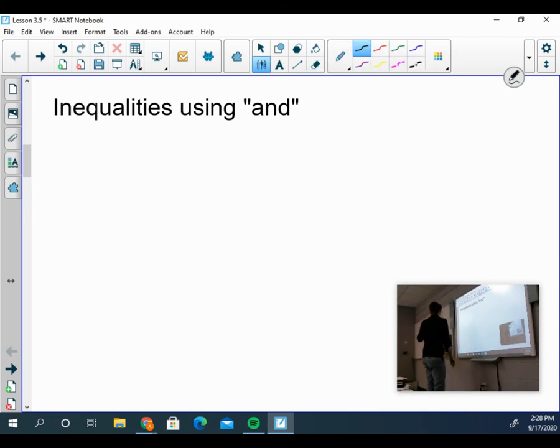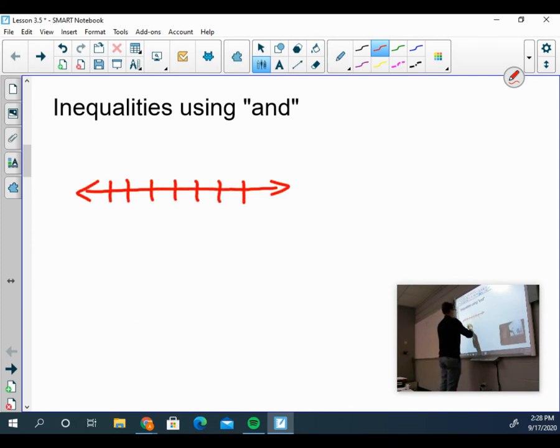Okay, let's try another example. I'm going to give you a graph, and I'm going to give you an inequality, and I want you to do the opposite. So here I'm going to give you a graph, and I want you to come up with the inequality.